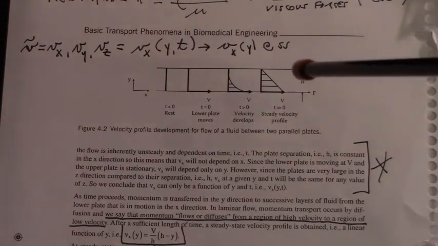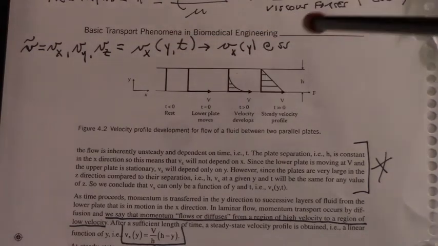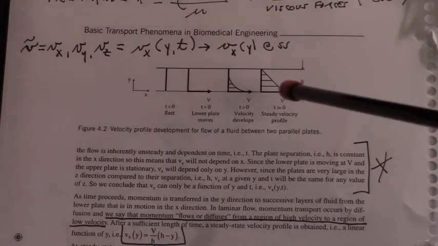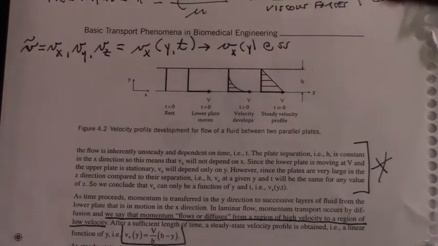So there's no way that this velocity profile is going to depend on z. Similarly, since the plates are very, very long relative to the thickness of the plates, when we get to steady state, this profile is going to look the same at any position x along the length of our experiment. So that velocity profile is not going to depend on x.